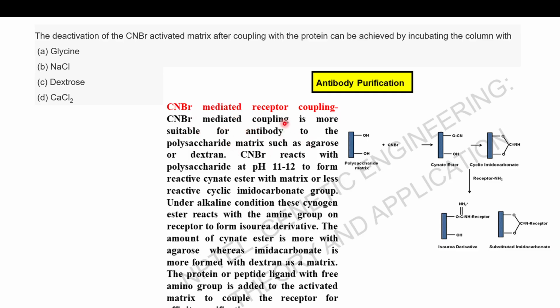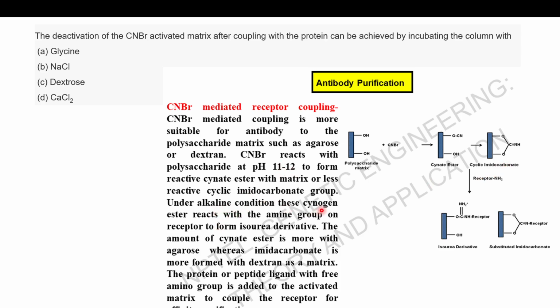CNBr mediated coupling is done on a polysaccharide matrix like agarose or dextran. CNBr is added at a pH of 11 to 12 to form a reactive cyanate ester, which further cyclizes to form cyclic imidocarbonate.